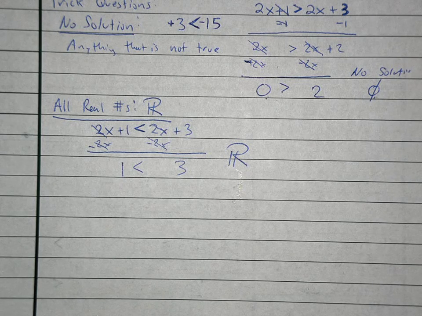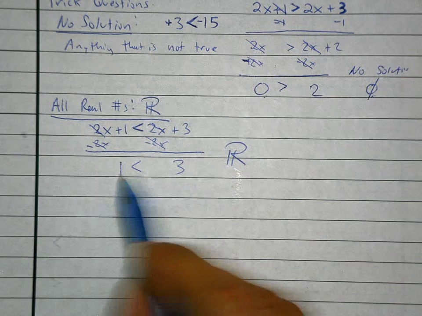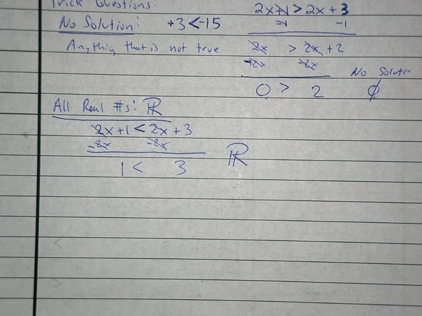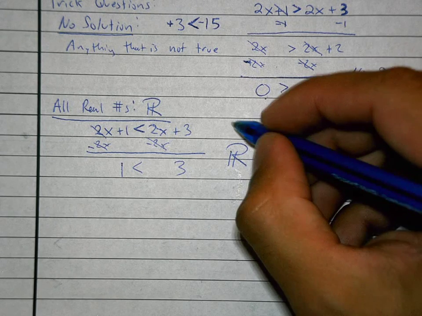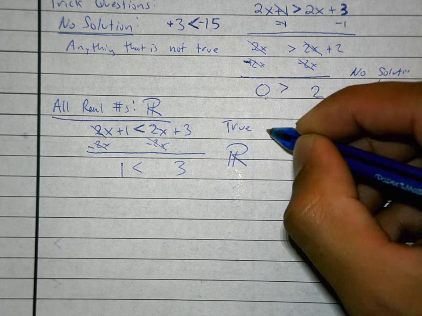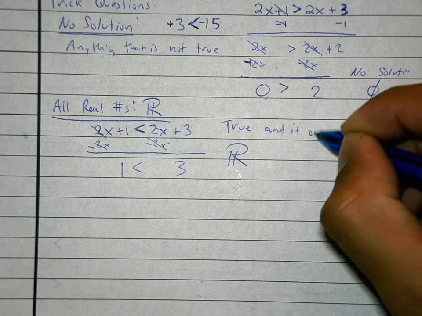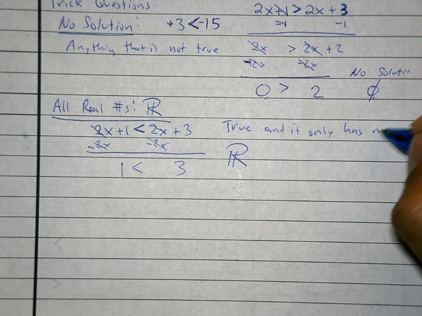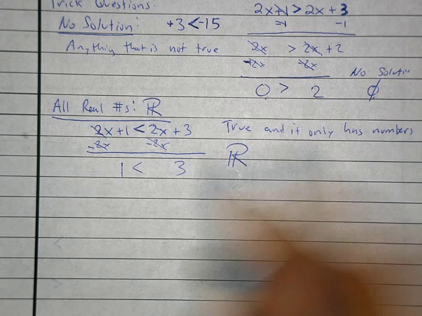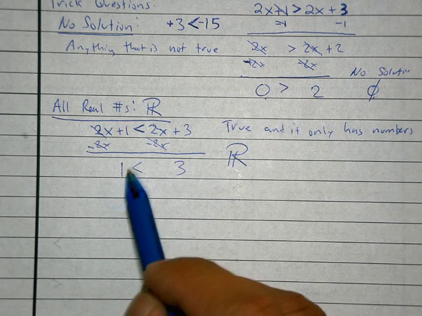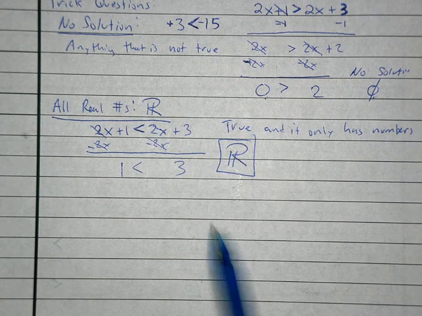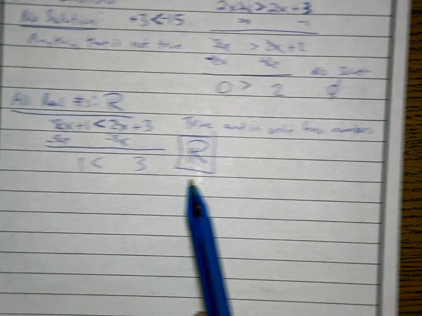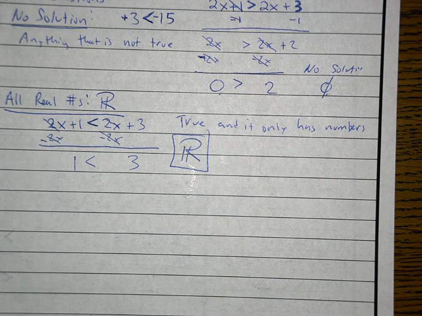If you get a statement that is true with numbers and there's no more variables, if it's true and it only has numbers, because you take the 2x, they go away, and it's true, it's all real numbers as your solution. And I don't like to write out all real numbers. I actually like to write the symbol because it's shorter. It's easier to write.